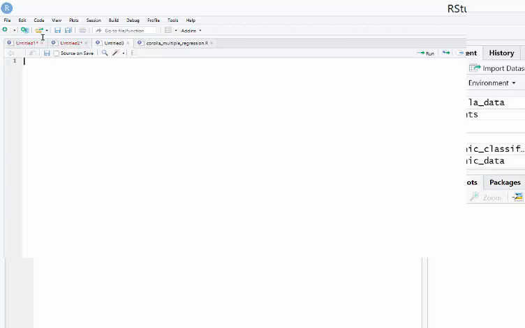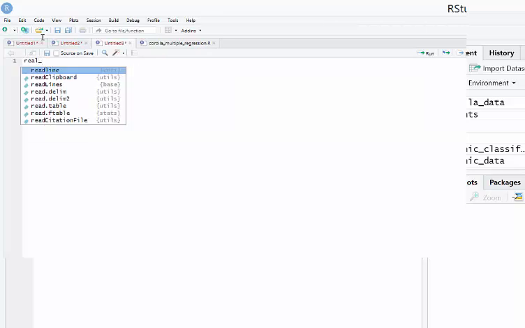Okay, did you download the file? Real estate? Good. So let's investigate the file and let's see if we can build a decent model that allows us to predict the price of the house based on characteristics of the house, right? So I'm going to go ahead and read the file in real estate.